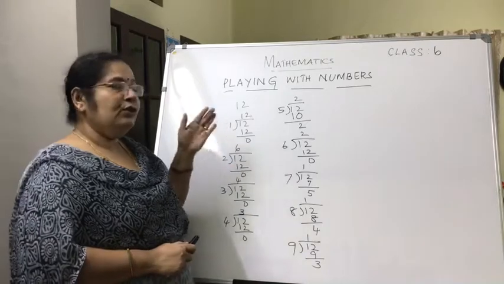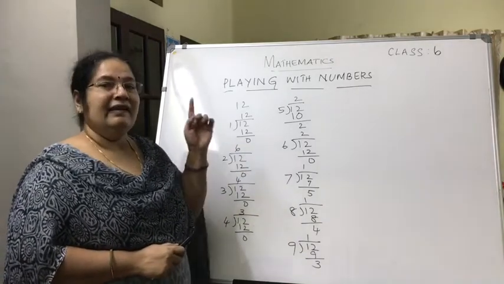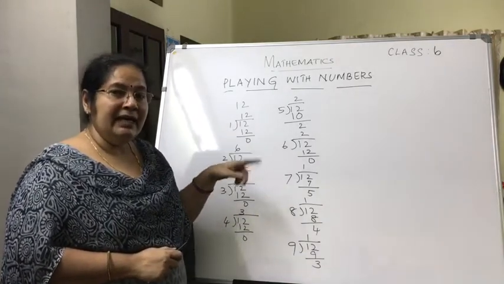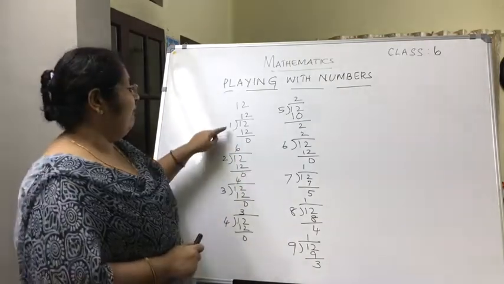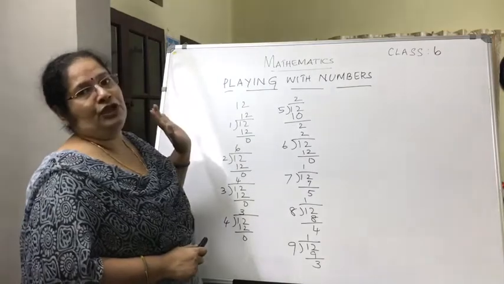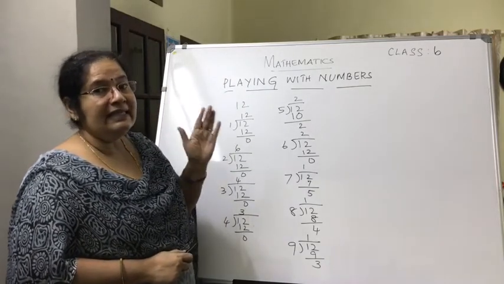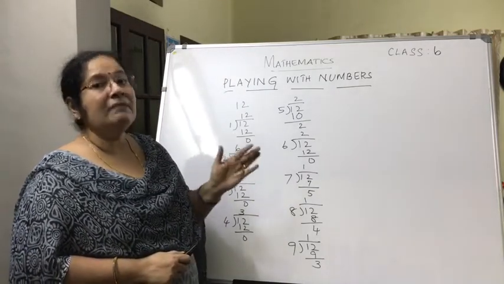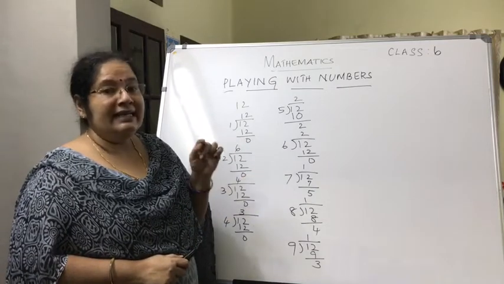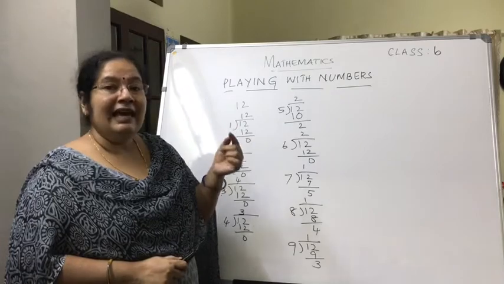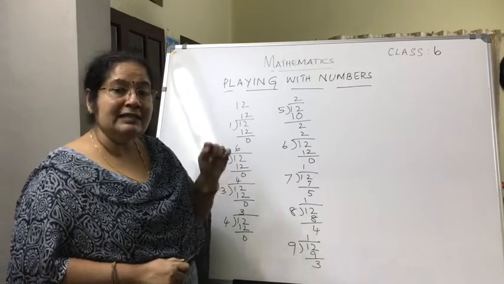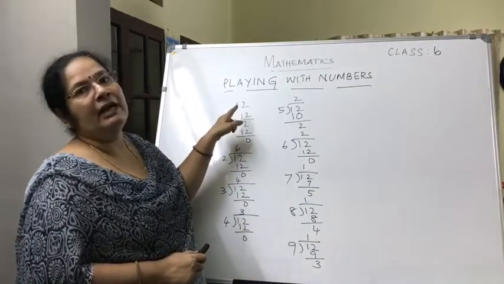So in all those cases where the remainder becomes 0, the divisor and the quotient are the factors of this particular number.